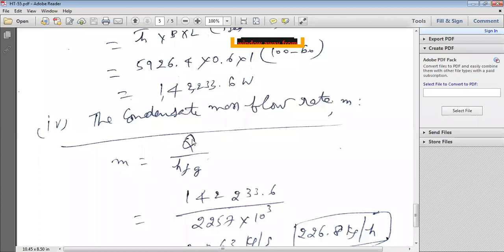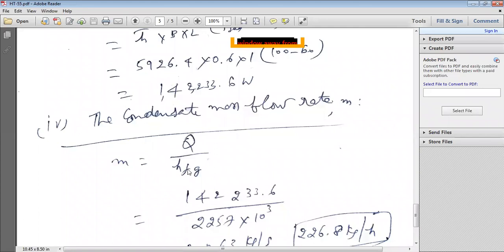M into h_fg is equal to heat transfer rate Q, where M is the condensate mass flow rate, or mass of the condensed liquid.